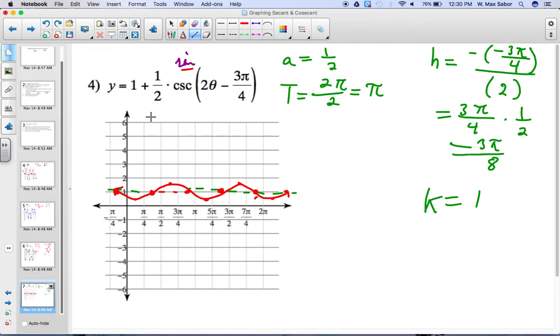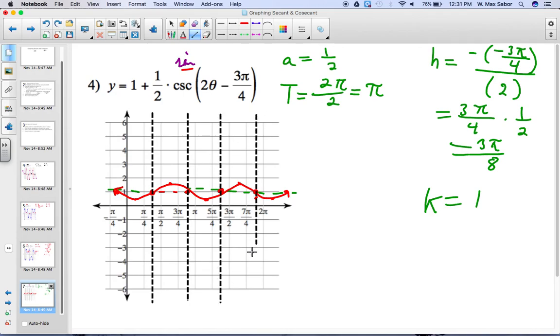Now we want to create vertical asymptotes. Anywhere where there was an equilibrium point, now there's going to be a vertical asymptote. There's a vertical asymptote there.